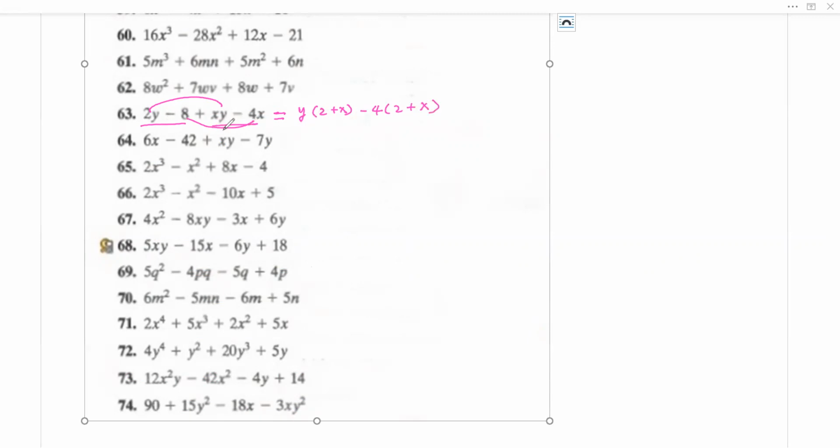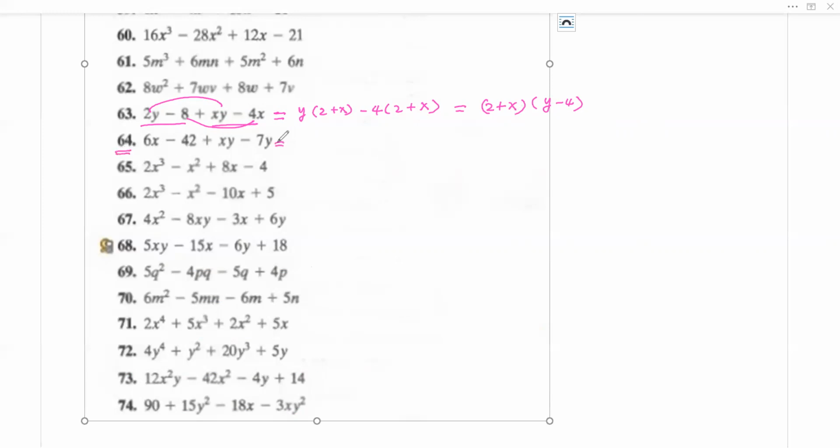We group the first and third term, and the second term and fourth term. So 2 plus x is the common part of y minus 4, right? Actually, if you do first two and second two, that's a different grouping. The same results. There should be no change in the final results.